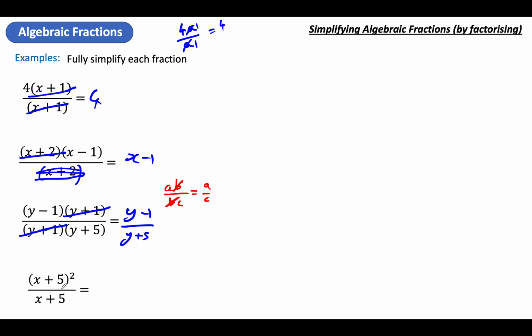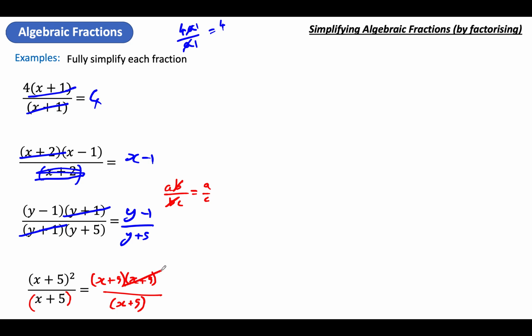Last one then. What about x plus 5 all squared over x plus 5? Well, think of that as a bracket. Maybe it helps if I actually write this out in full. If something is squared, then it's times by itself. So it's that bracket times by itself. Okay, but that is also identical to this bracket underneath.